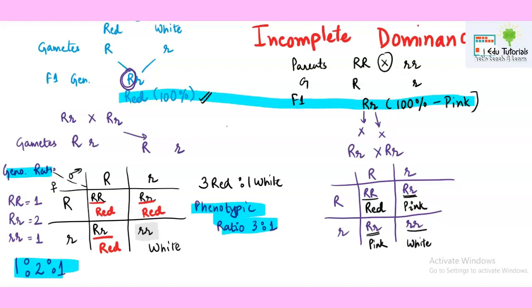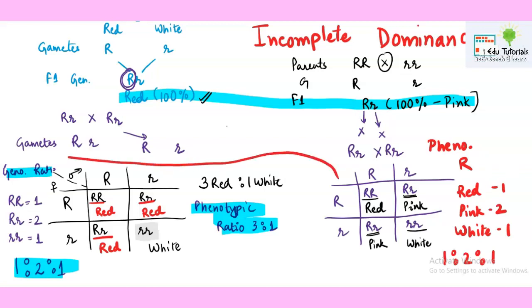So if you calculate the phenotypic ratio of incomplete dominance, it will be red how many? 1, pink how many? 2, white how many in number? 1. So the phenotypic ratio has come out to be 1:2:1. And the genotypic ratio will be the same as what we calculated here.